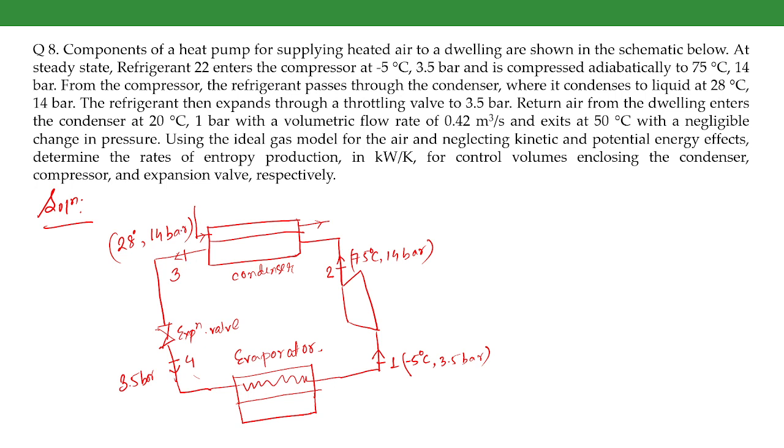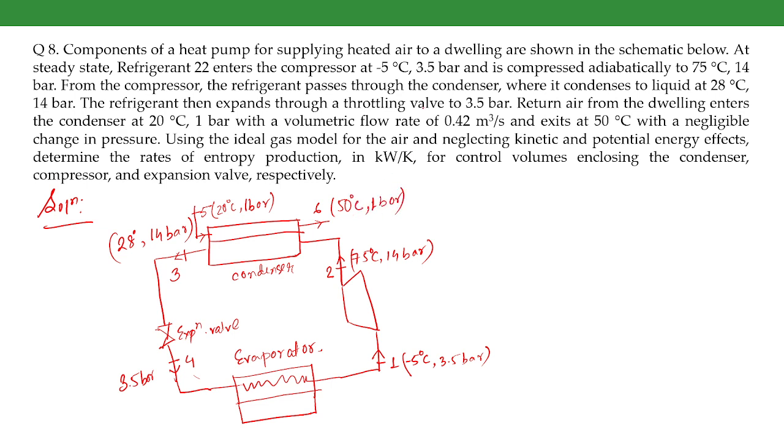So let us suppose that the dwelling air enters at the state point 5 and it leaves at the state point 6. So what is being stated is that the return air from the dwelling enters the condenser at 20 degrees Celsius and 1 bar. So the state point 5 is 20 degrees Celsius and 1 bar for air, and it exits at 50 degrees Celsius with negligible change in pressure, so it will also be at 1 bar.